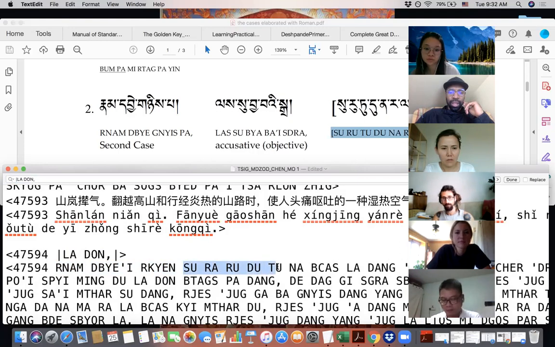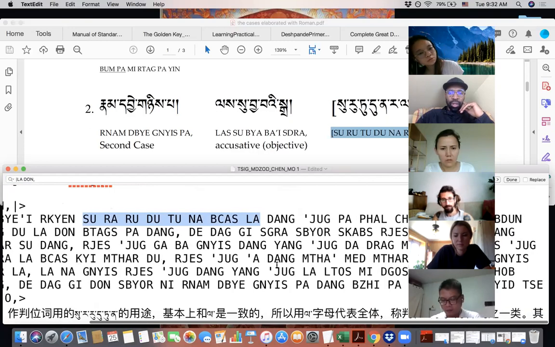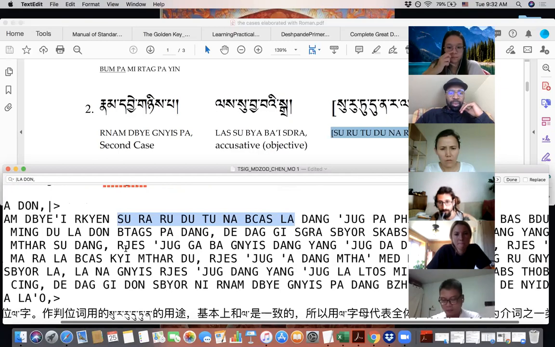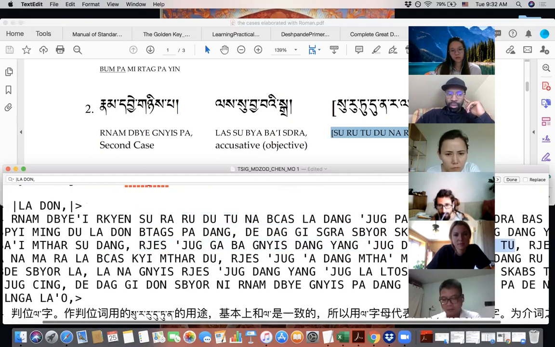Su ru tu na and la. Okay? And now this is explaining when you use all of them. When the suffix letter is ka and wa, and the yangjuk, the secondary suffix tadrak, you use tu, right?